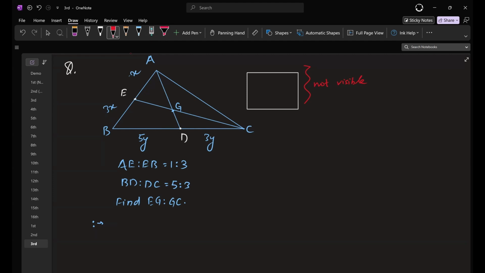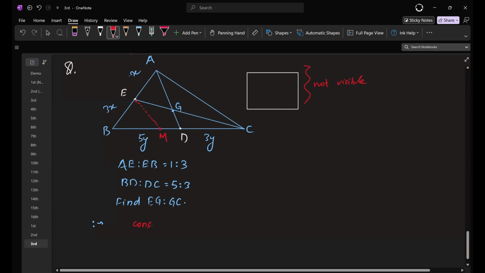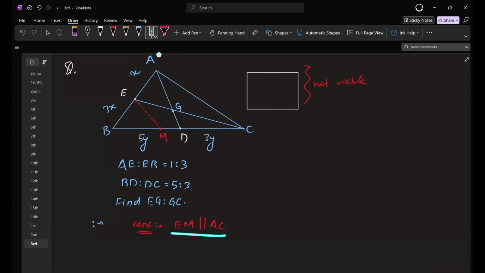So if not this, let's construct something different, like this. Let's name this point M. So this was the construction: EM parallel to AC. Nisha, I'm again telling you that I just don't want to give you the solutions, that this construction you have to make in this question, that construction in that question, and something other in another question. I want you to understand the meaning of that construction.